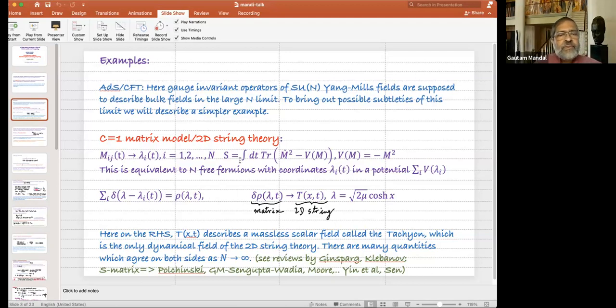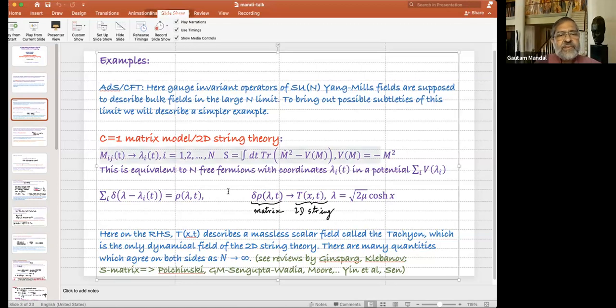Now, this matrix quantum mechanics is supposed to be dual to two-dimensional string theory. Roughly speaking, the way it goes is that this rho of lambda and t has its own dynamics. First of all, you have to write the dynamics of the eigenvalues in terms of rho of lambda and t. This can be done.